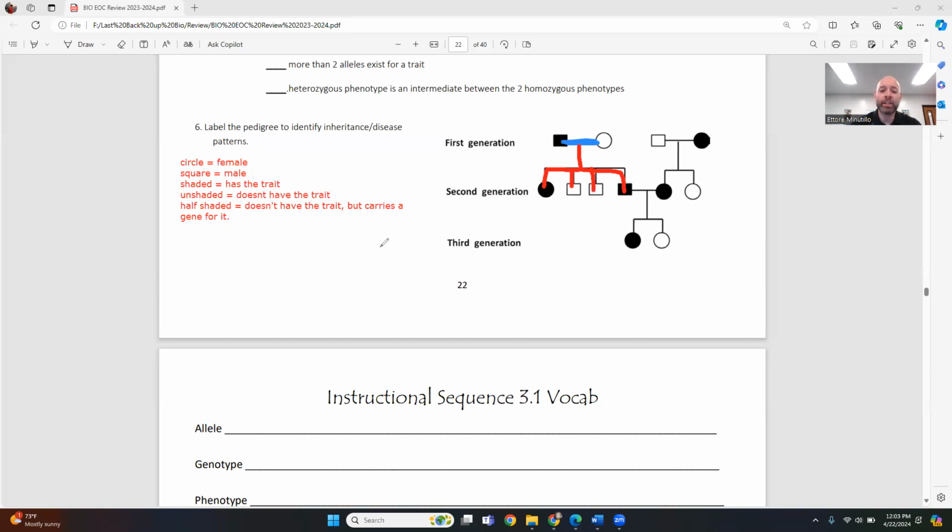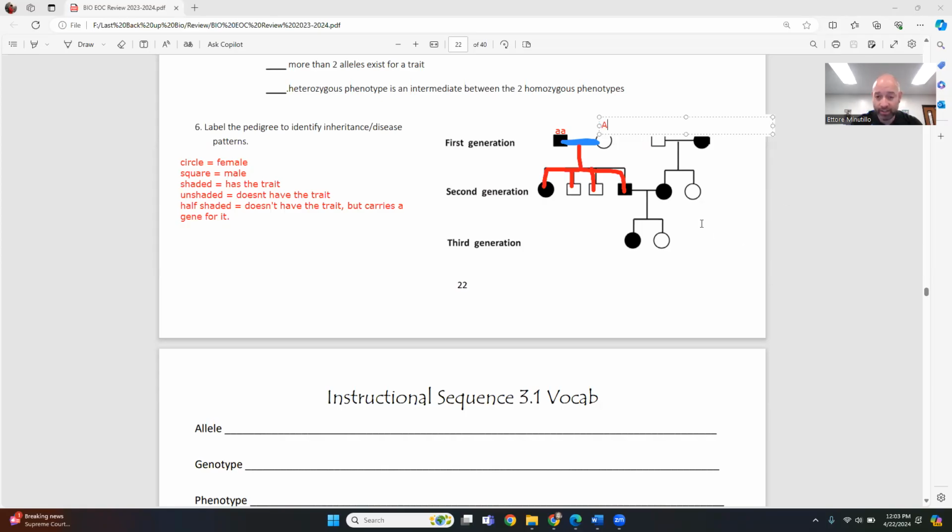So if we look at this one here, the first thing I want to try to identify is, is this dominant or recessive? So I'm going to look at these parents here and I'm going to make some guesses. If I'm talking about dominant and recessive, let's say that this one here, let's guess that it's recessive. That would make this person big A and then something.